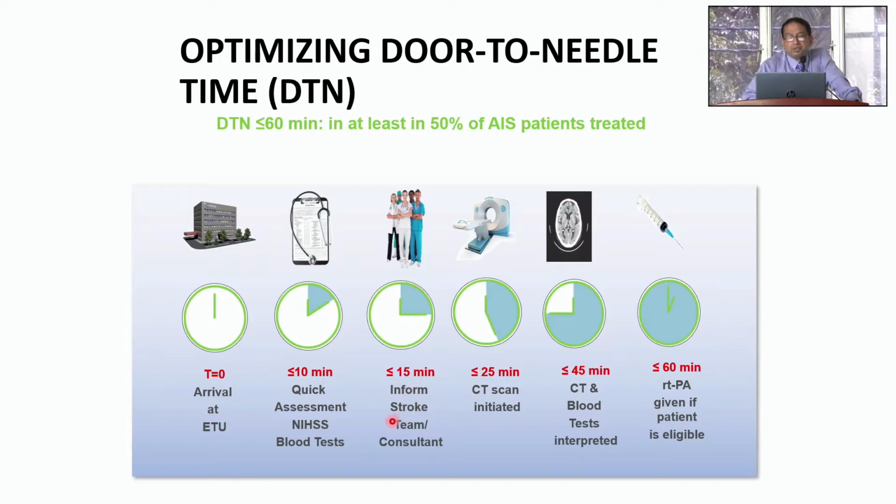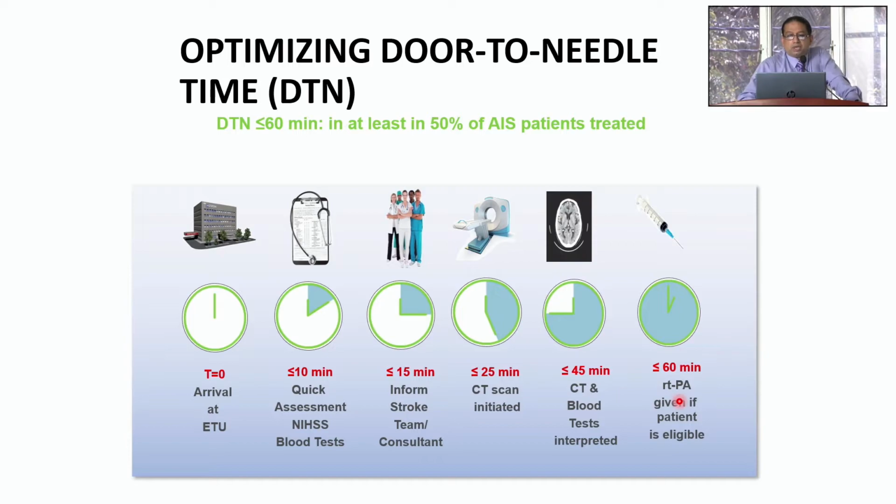Initially the first point of contact would be the emergency doctors. From there, the medical team will take over. Then the CT scan is initiated. The standard door to imaging time should be less than 25 minutes. Then the results are interpreted and then treated. It's not a guideline that you have to take 1 hour, but the earlier the better. The shorter the time, the better.